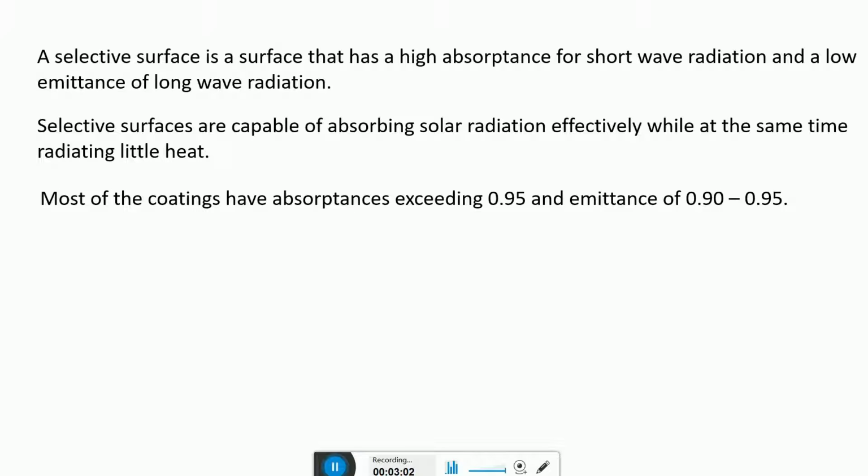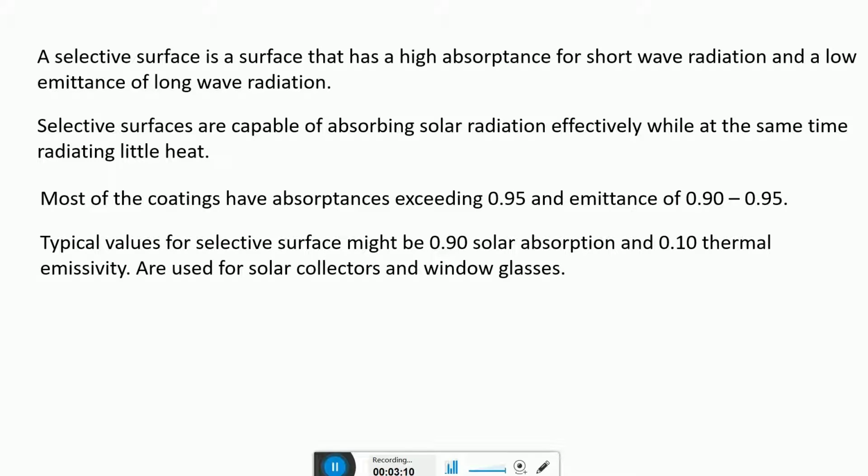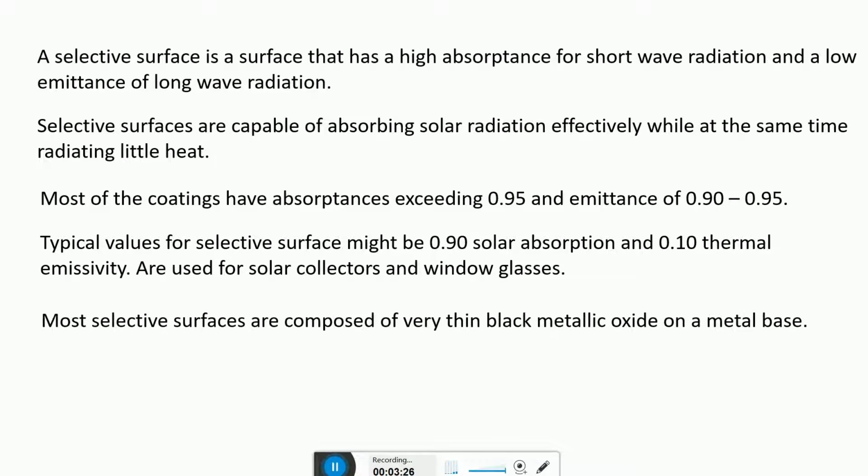Most of the coatings have absorptance exceeding 0.95 and emittance of 0.90 to 0.95. The typical values of a solar selective surface may be 0.90 solar absorption and 0.10 thermal emissivity, and are used for solar collectors and window glasses.